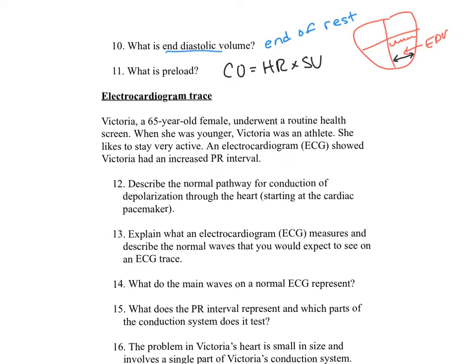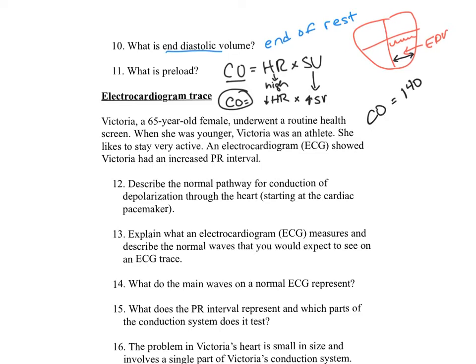It was 190 beats per minute in order to sustain the proper cardiac output. But later on, after training, he was able to increase his stroke volume because his heart was getting stronger. So in order to have the same cardiac output, he was able to increase his stroke volume, and that meant that he could decrease his heart rate to maybe 140 or less in order to get the same cardiac output.